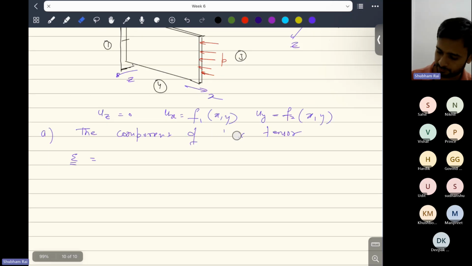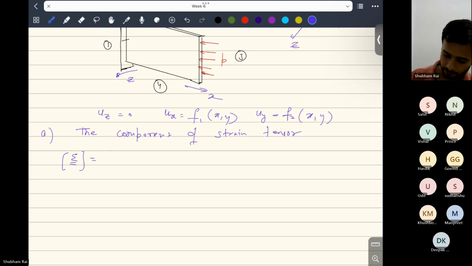Instead of stress, firstly let me find the component of strain tensor. So the component of strain tensor will be, the first component epsilon xx is given by del ux by del x. Epsilon xy is half of del ux by del y plus del uy by del x.